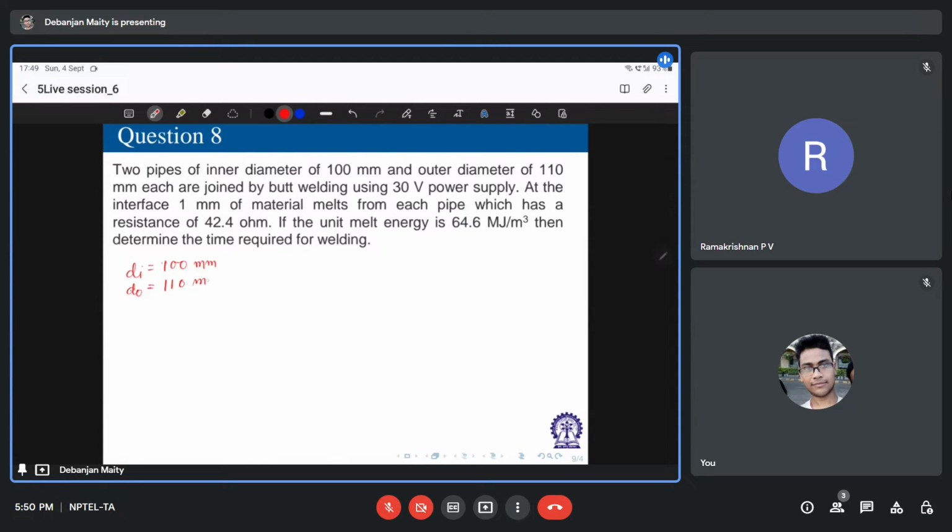Outer dia is given as 110 mm. Voltage is 30 volt. It says that at the interface 1 mm of material melts from each pipe, which has a resistance of 42.4 ohm.